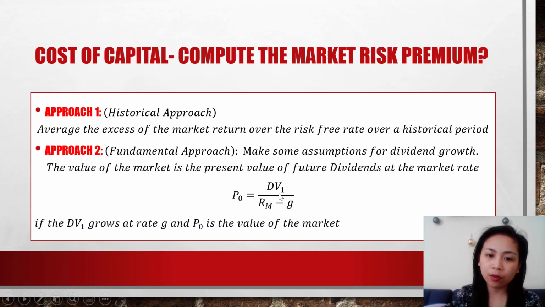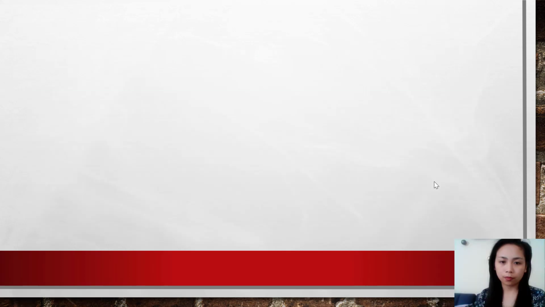Here DIV1 is the future dividend, RM is the market return, G is the growth rate at which DIV1 is growing, and P0 is the value of the market. So the value of the market is the present value of the future dividend at the market rate.